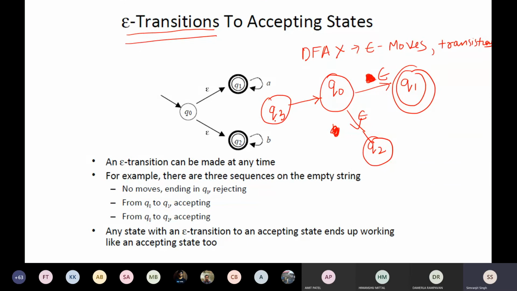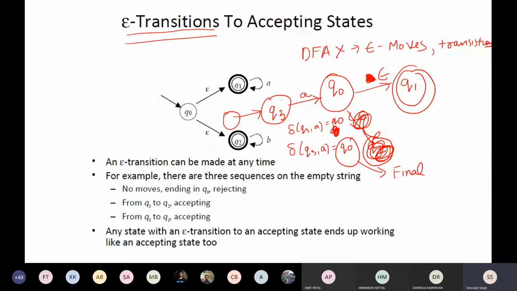If you reach Q3, and there is a transition from Q3 on A, you reach Q2. Do not consider the undefined state. So on Q3, getting an input of A leads to Q2, which is as good as saying it leads to the final state.